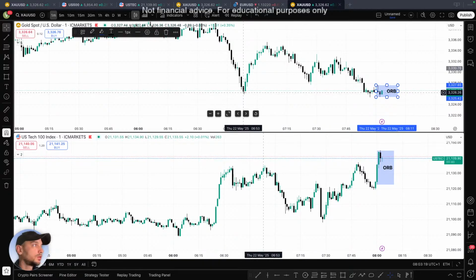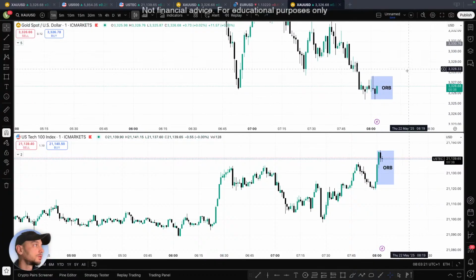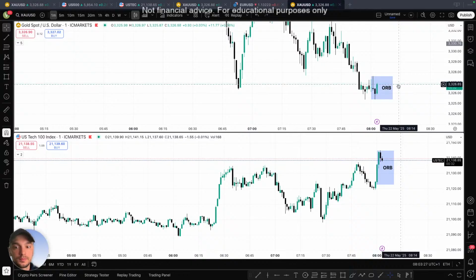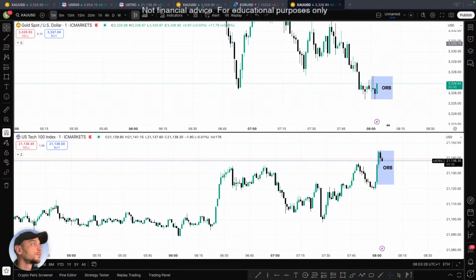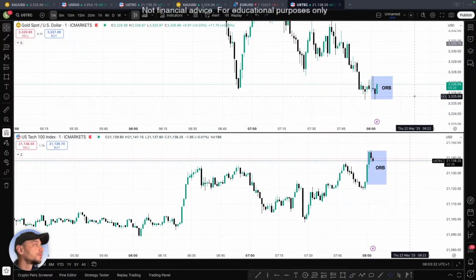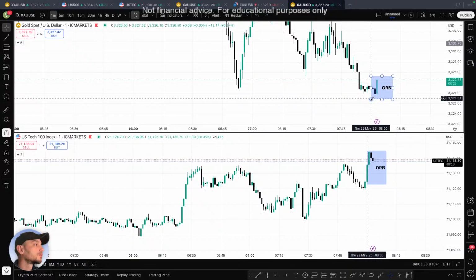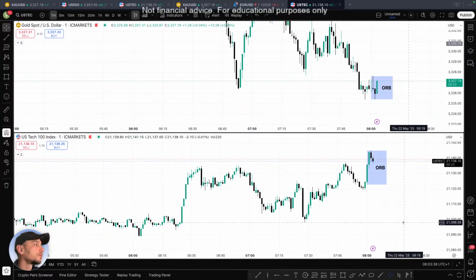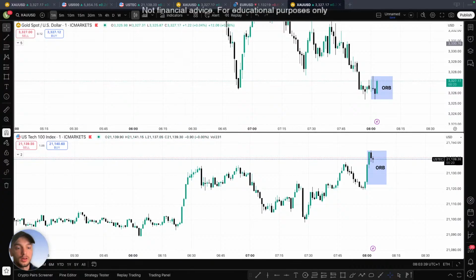Now we collect those lows on gold. We didn't have a very strong reaction. So sell opportunities are still in game. This is the fourth candle.